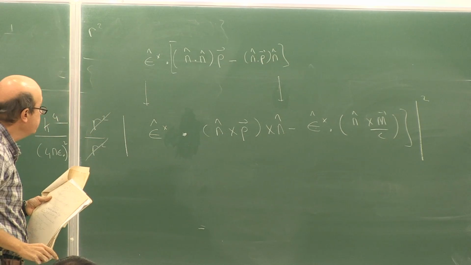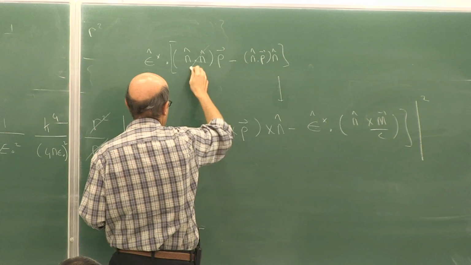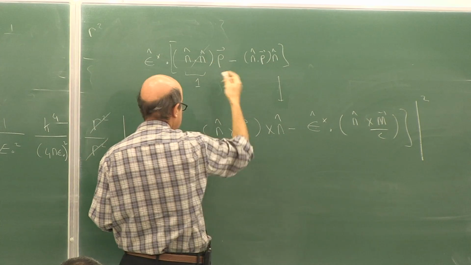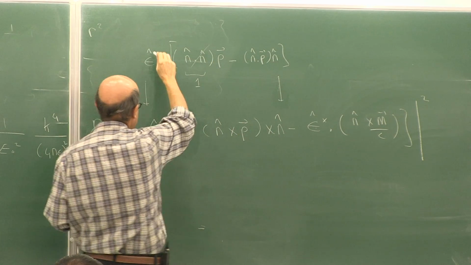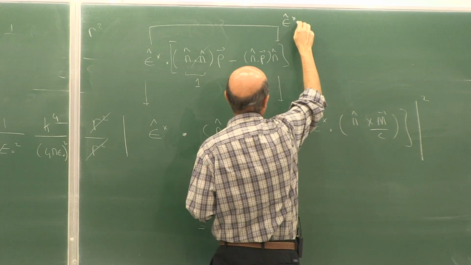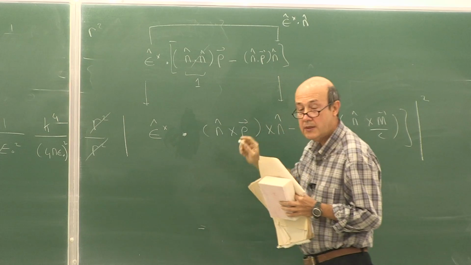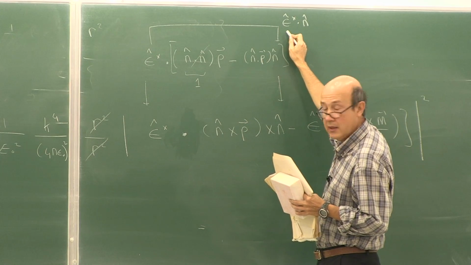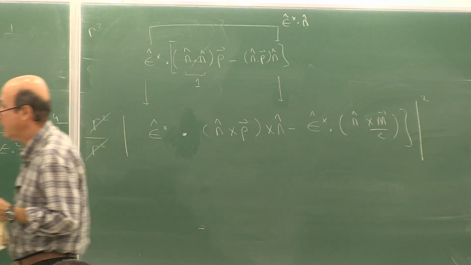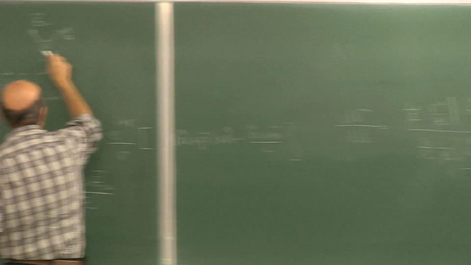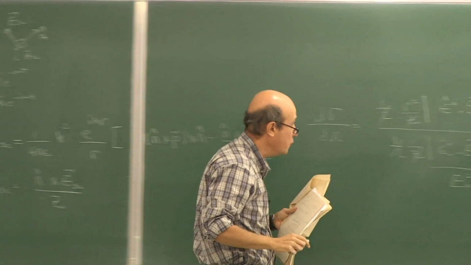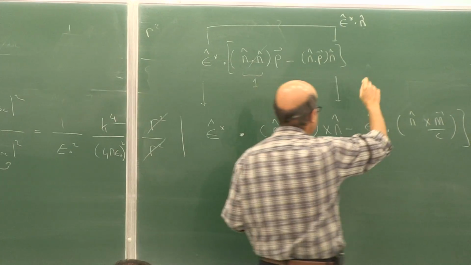So which term will be the 0 here? N dot n is 1, and epsilon complex conjugate dot p is something. But if you look at this scalar product, epsilon complex conjugate dot n, what is this? This is the polarization after the scattering, and this is the propagation direction after the scattering. And n and the polarization after the scattering will be mutually orthogonal to each other, so that will be 0.